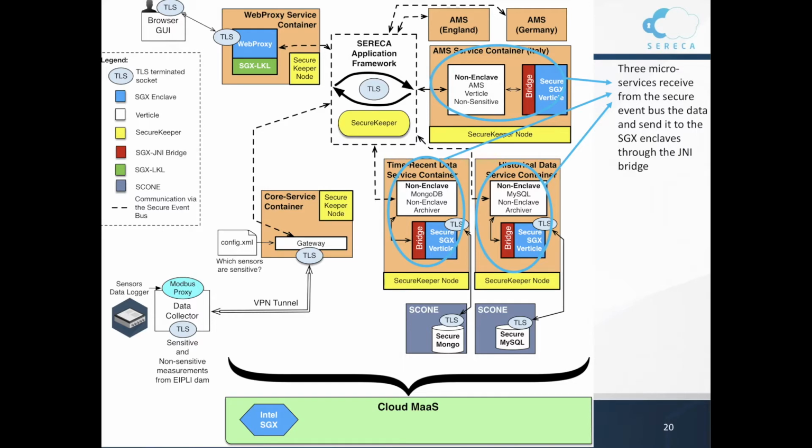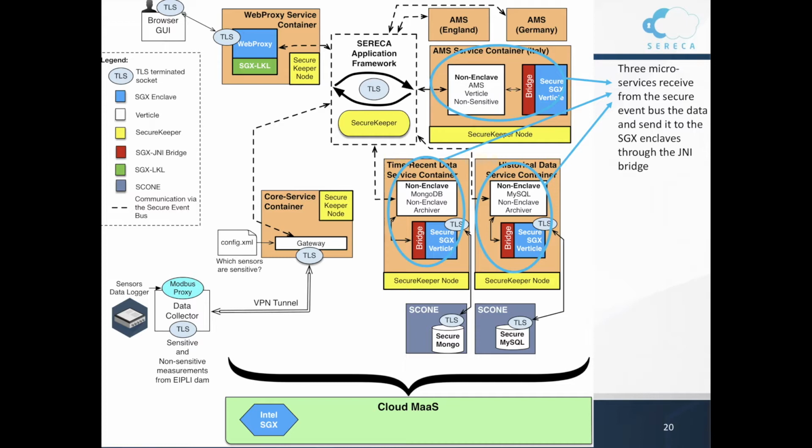The other two microservices, the recent data service and the historical data service, store respectively recent data and historical data within secured versions of storage systems, which are Secure MongoDB and Secure MySQL.